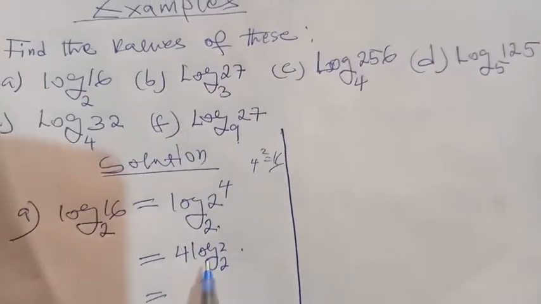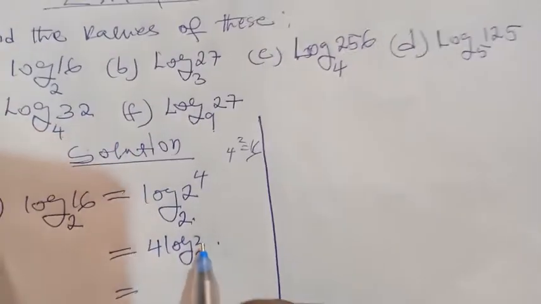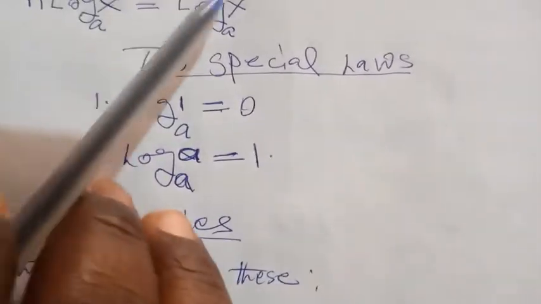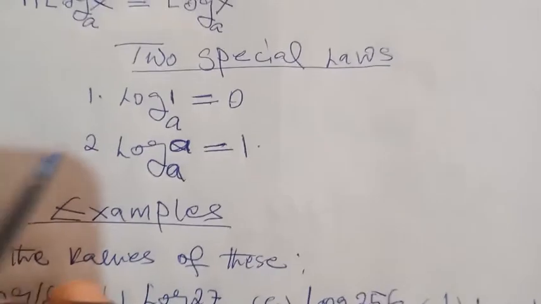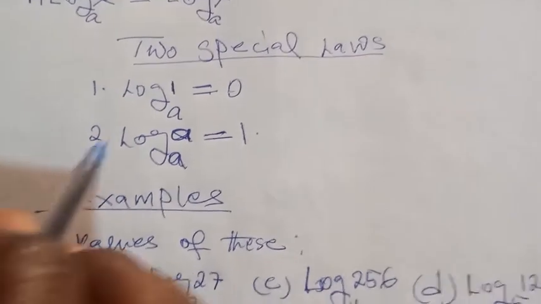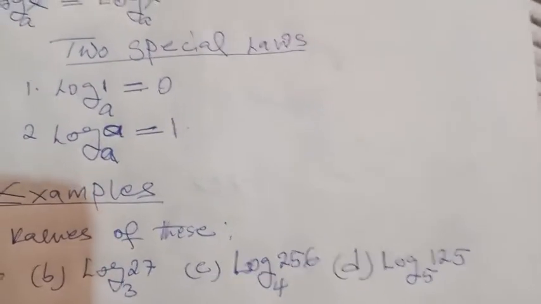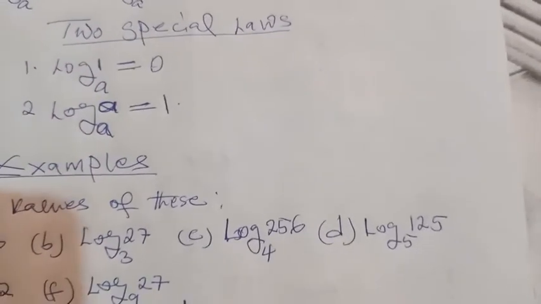But again, if you look at log 2 base 2, you will notice that it is a special logarithm. We have log a base a is equal to 1. If I have log a base a is equal to 1, it means that log a number to its base is equal to 1.